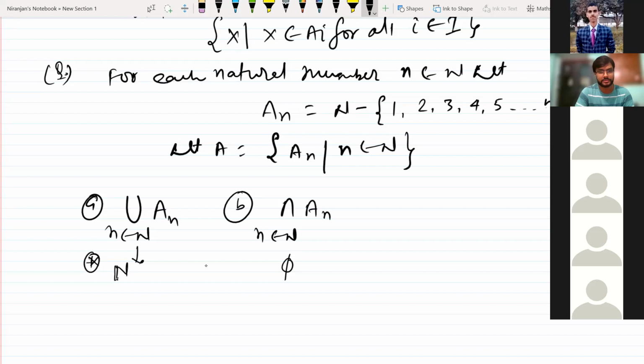I'll give you a hint. The capital N goes from 1, it is the set of all natural numbers. So think again, you're just missing one part. Anyone else? Guys, please participate.